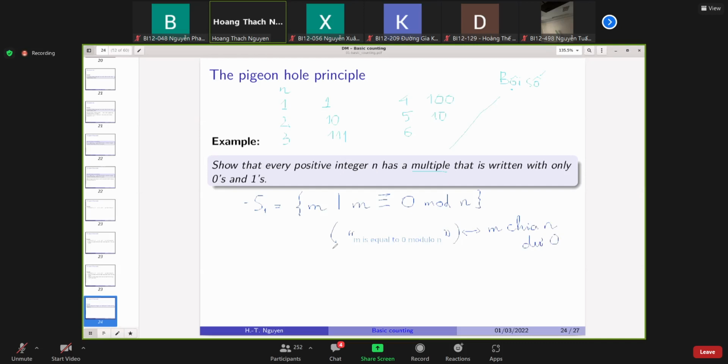So that is the definition. The first pigeonhole will be denoted by S0, and so on. In general, S of i will be the set of integers m such that, where this vertical bar means such that, m is equal to i modulo n.